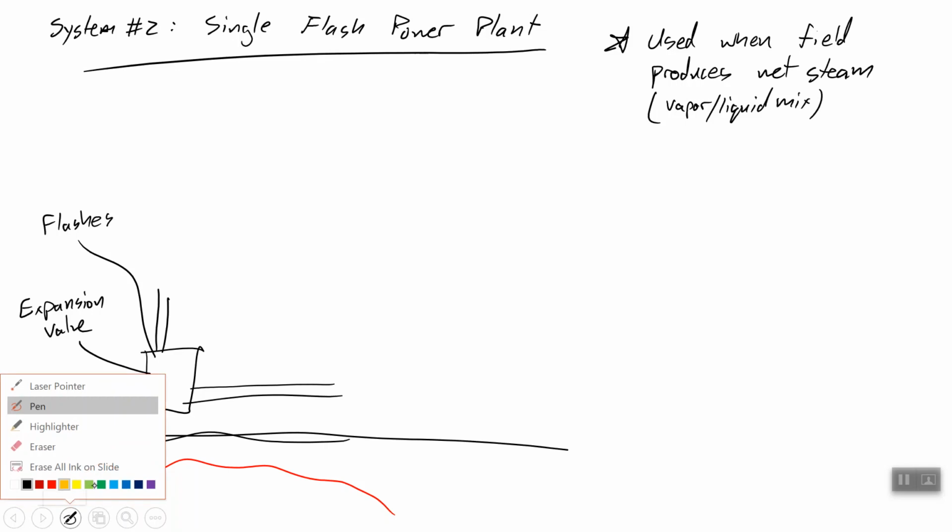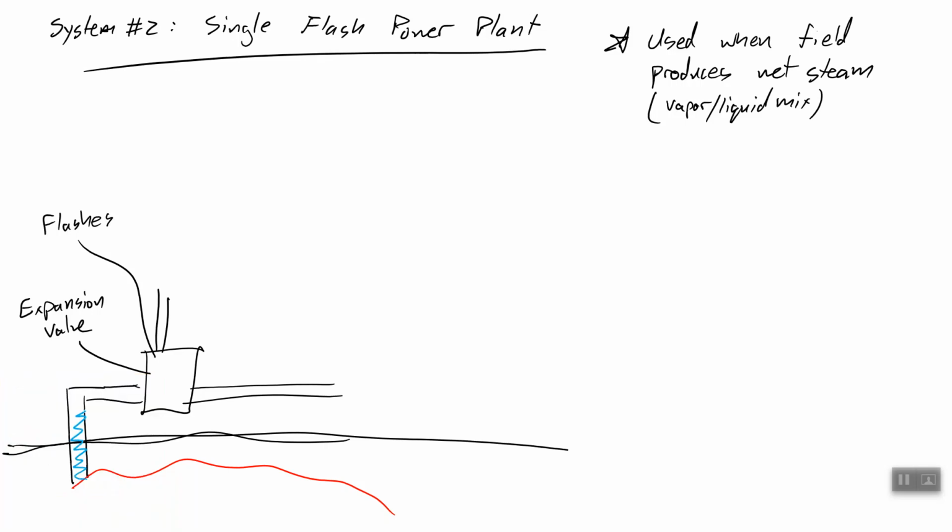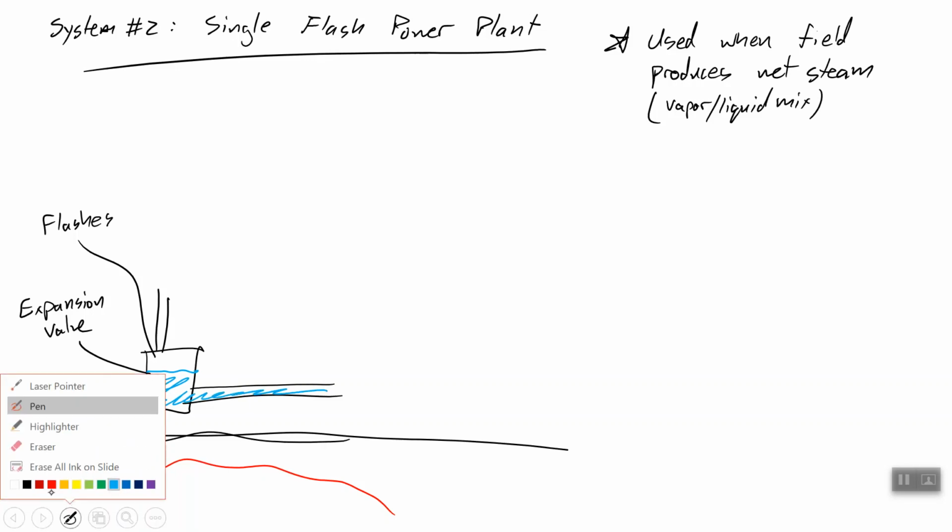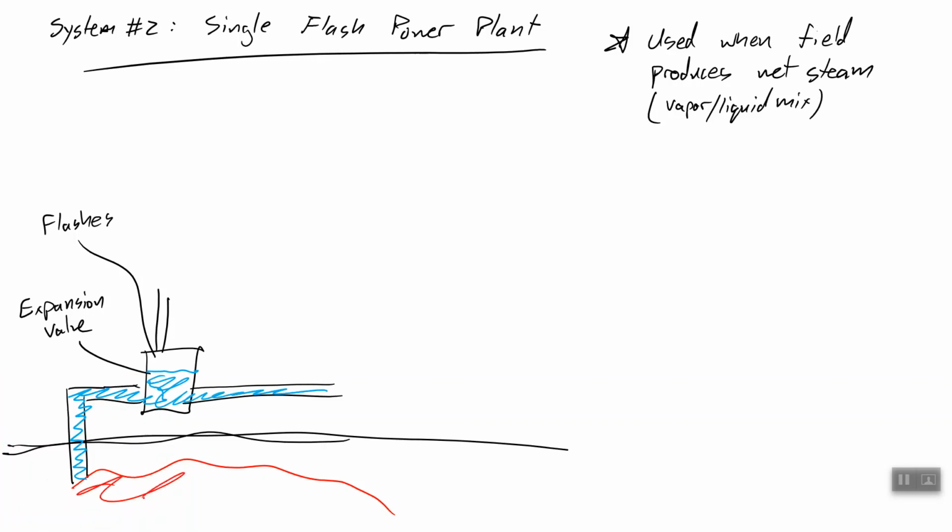So I'm going to draw it as blue for now because it's a liquid, but we've got this hot liquid entering our system, and it's pressurized to the pressure of the reservoir, so it remains at the same pressure the whole time. But then once it enters this area, it flashes, so there's a lower pressure as it enters, and that causes some of the water to become vapor to fill the space. And so now we have a somewhat high pressure vapor, not as high a pressure as our last system.